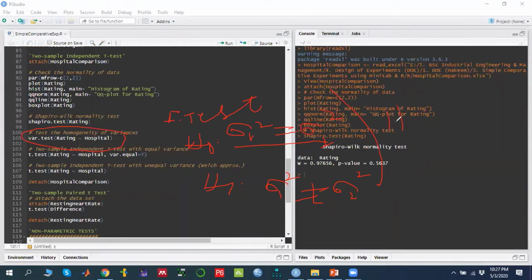The same test can be written as sigma 1 square divided by sigma 2 square is equal to 1, which means the ratio of the variances is equal to 1, whereas the alternative hypothesis is that the ratio of the variances is not equal to 1.